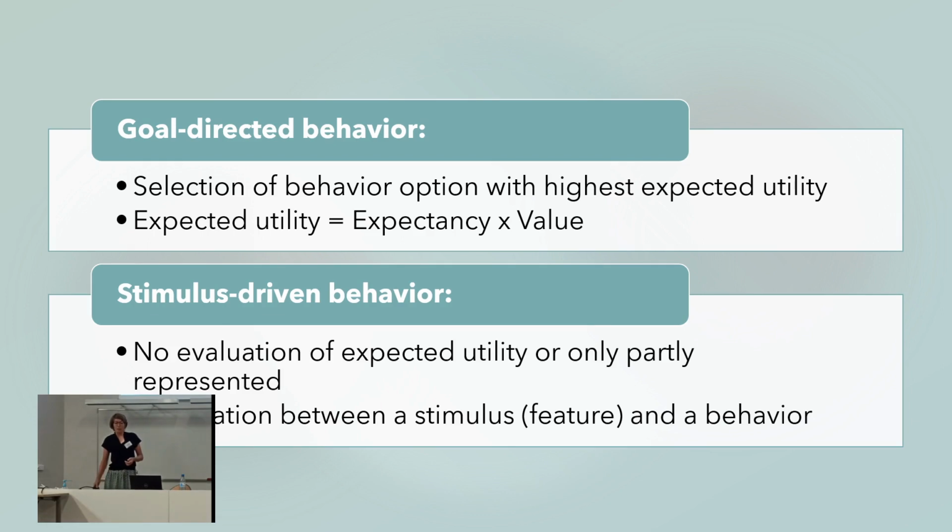An example is what we heard before, positive approach, negative avoid: we approach positive stimuli and avoid negative stimuli. This is stimulus-driven because we don't evaluate whether this leads us to our goals or not.